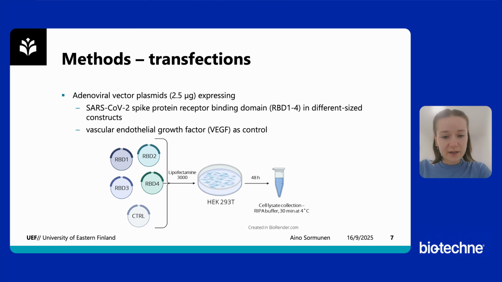So we had 4 RBD constructs that each expressed a different sized protein, and then we had the control construct. These were all transfected into HEK293T cells using the Lipofectamine 3000 reagents. And 48 hours after the transfection, the cells were lysed and collected, and then we proceeded into the Western blot.